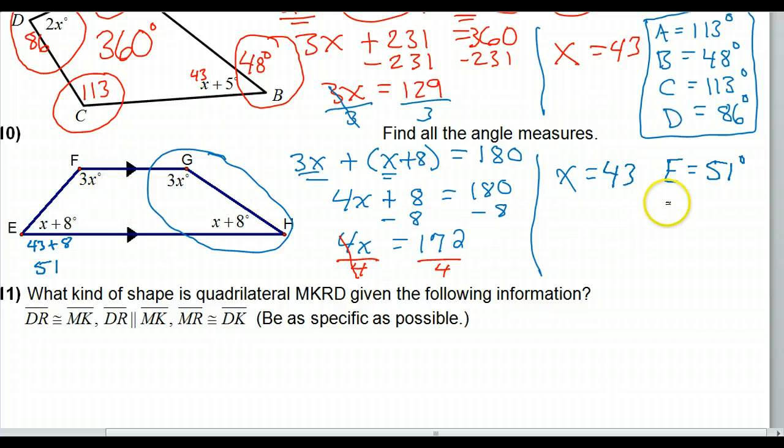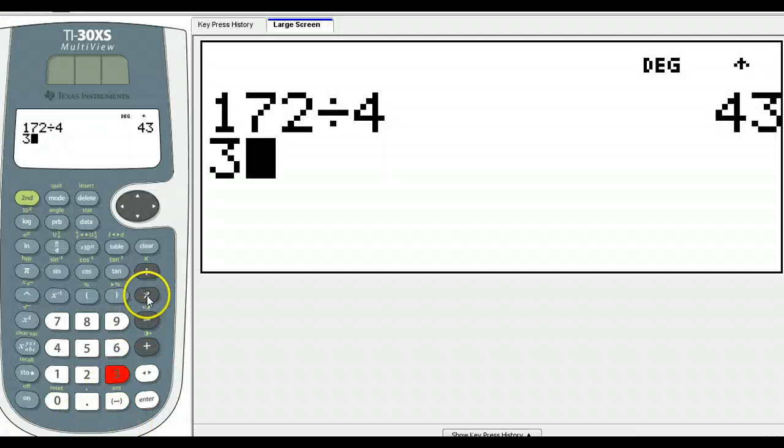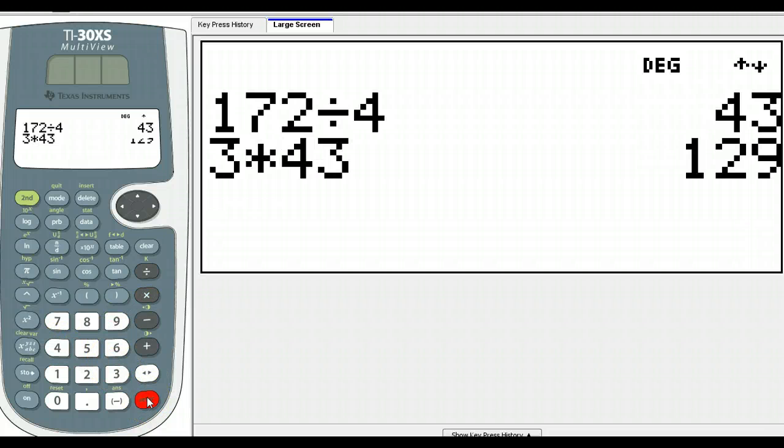Okay, angle F is going to be 3 times 43. That's 129.